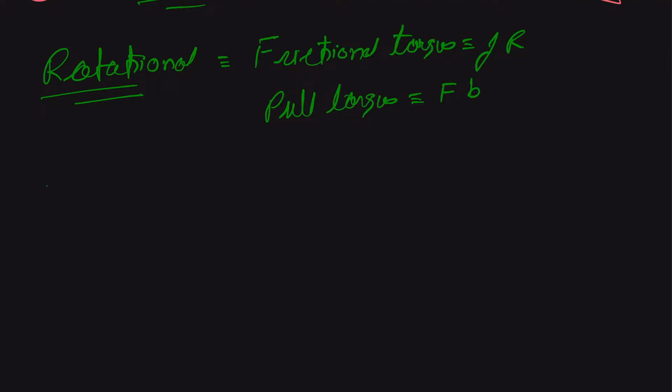Therefore, you can write that F times R minus f times B is equal to I times alpha. So this comes as half m R square, and this will be A divided by B. So this is the only major difference.